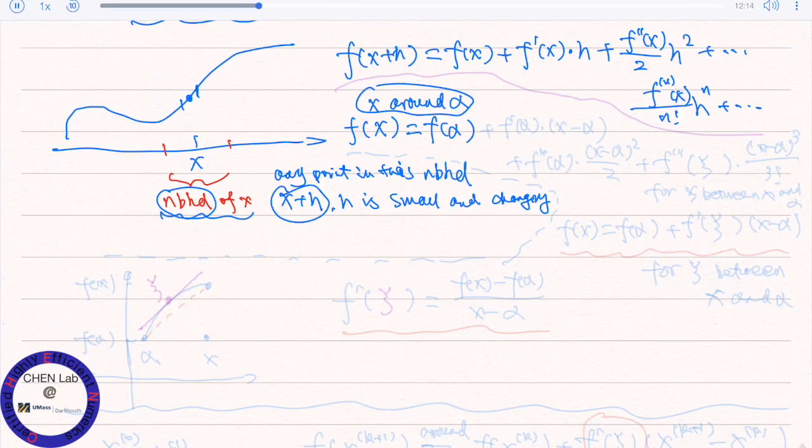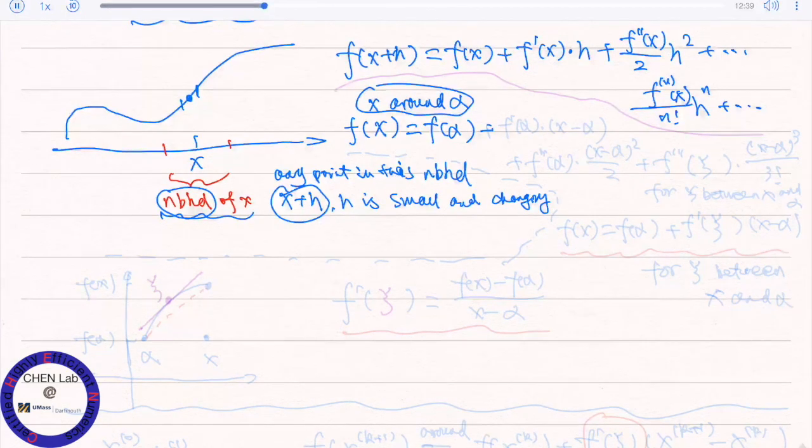The moment we say x around alpha, we expand the function f of x around alpha. That means alpha is like our previous x. The x is like our previous x plus h. H is a step size, right? X plus h was in the neighborhood of x. Now x is in the neighborhood of alpha.